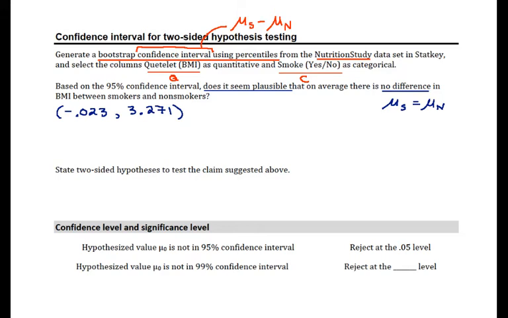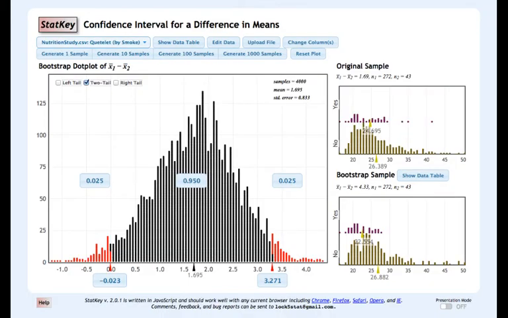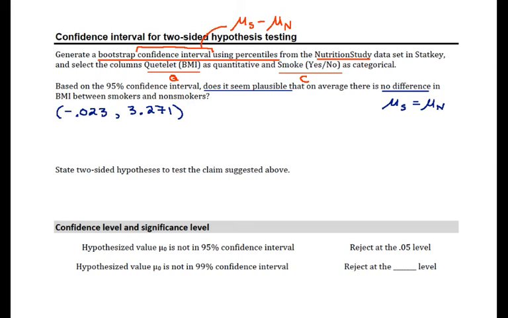And it looks like we actually have a confidence interval for, let's take a look at this. My x1 bar minus x2 bar is positive, and it looks like no is a higher value than yes, so this is actually a confidence interval for mu sub n minus mu sub s that we have here.